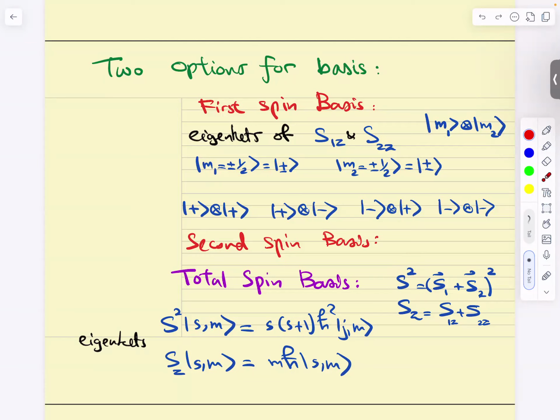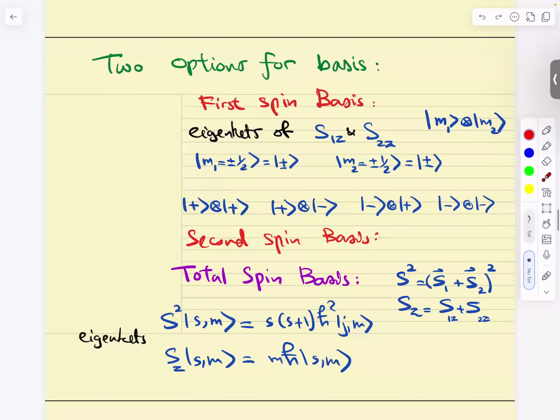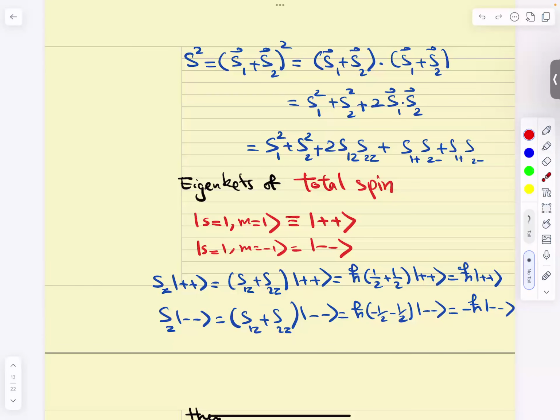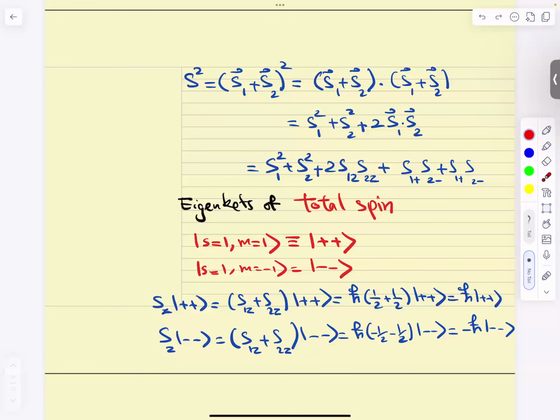I'm going to pause for a little bit for this to sink in. The total spin in quantum mechanics is one interesting phenomenon. If you take an eigenket of this spin and an eigenket of that spin and put them together, that's not an eigenket of the total spin.